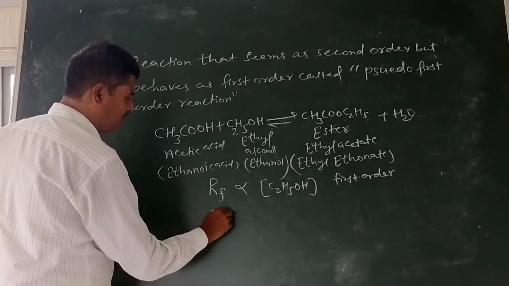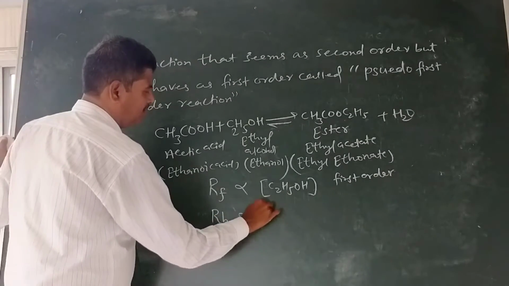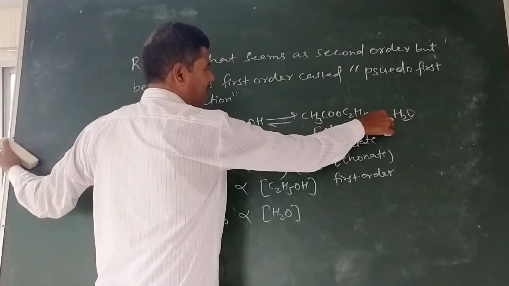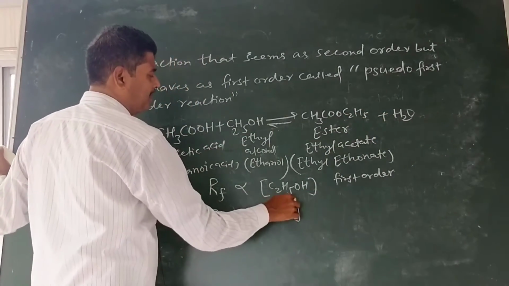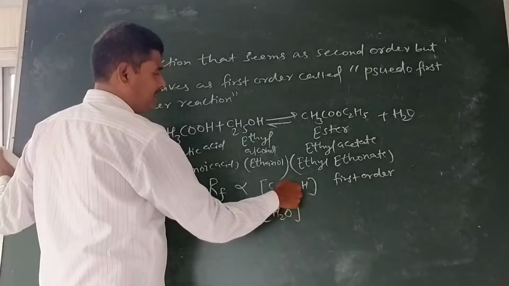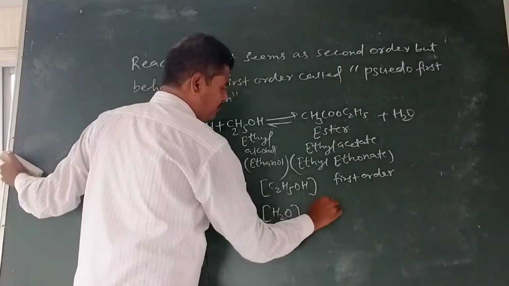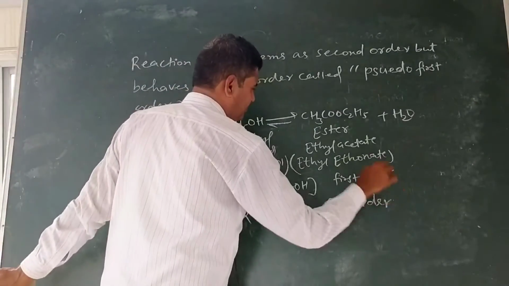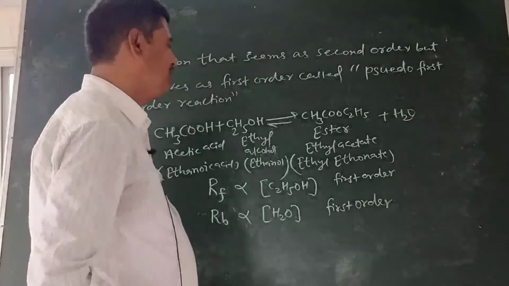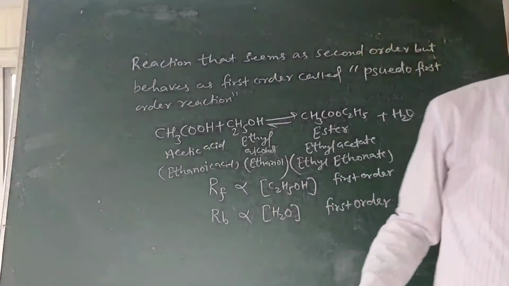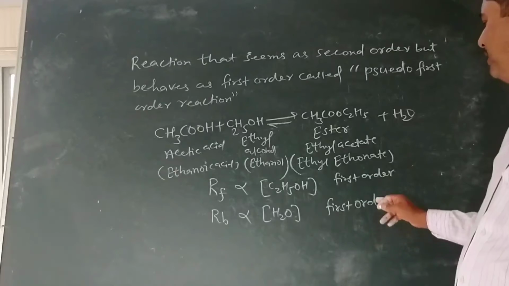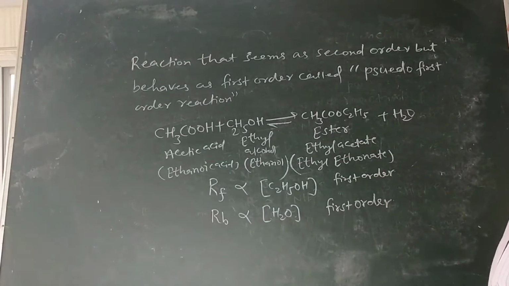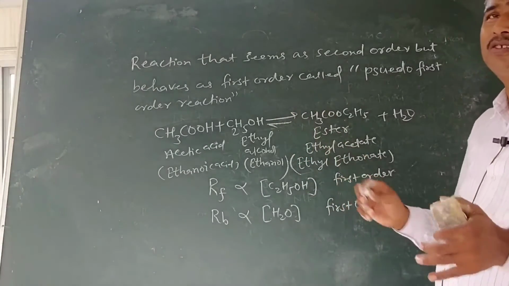And for backward, rate will depend only on the concentration of water, the 1 mole water. Hence, power of concentration of water will also be 1. 1 is not written. This also belongs to first order. But it will be said to be pseudo first order because it creates doubt.